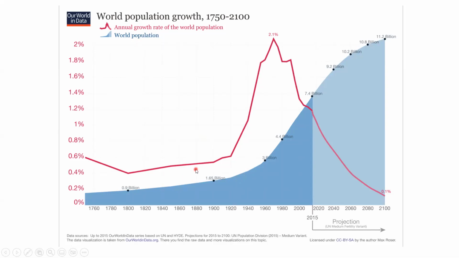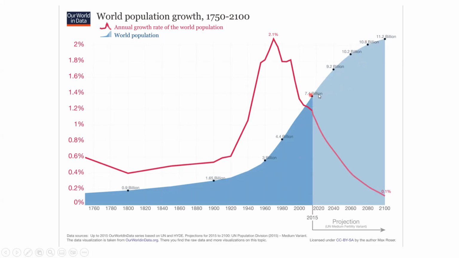This is going to correspond, of course, with the Industrial Revolution a bit. We were able to start really producing things, getting more resources, getting more food, and the population started to grow accordingly.